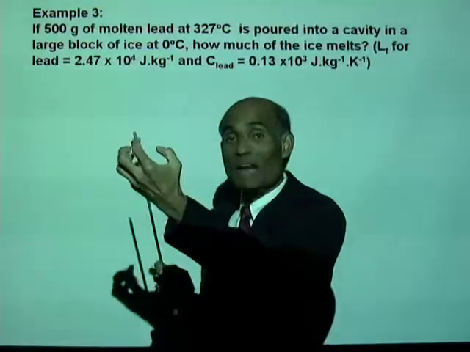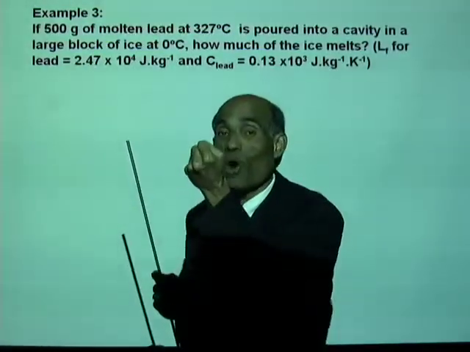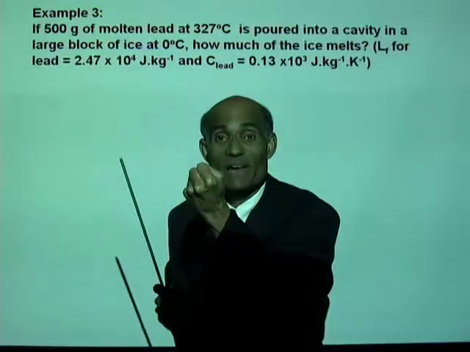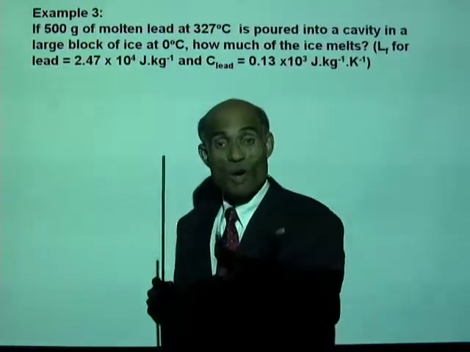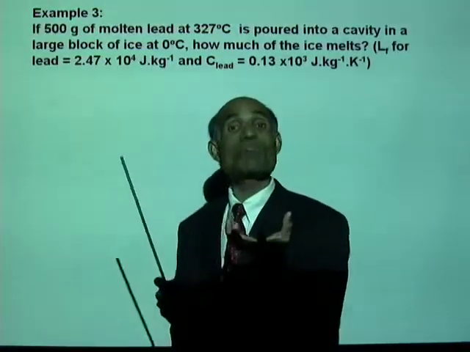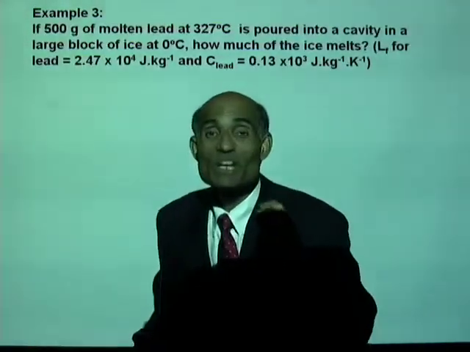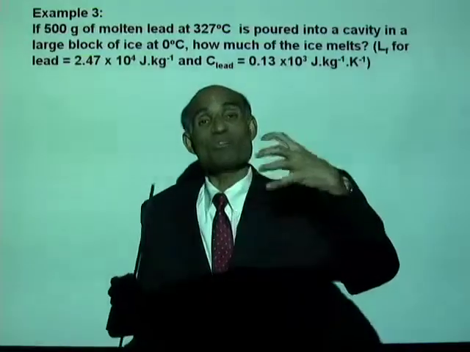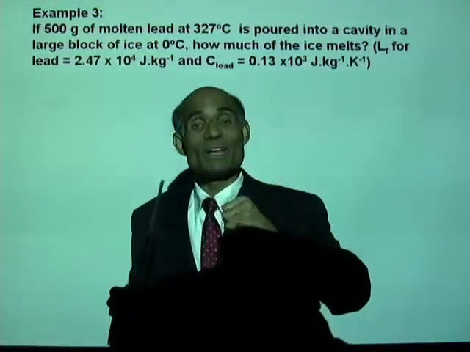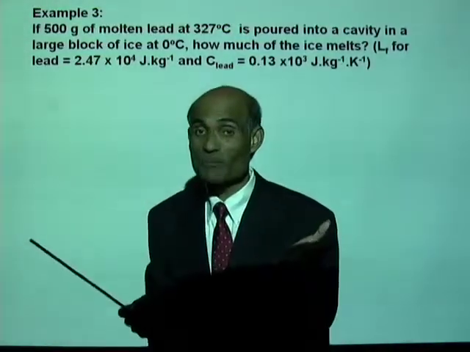Now where is all that heat going? All that heat lost by lead is now absorbed by some amount of ice to melt. So what all ice is doing is changing its state from solid to liquid. Is the temperature of ice changing?